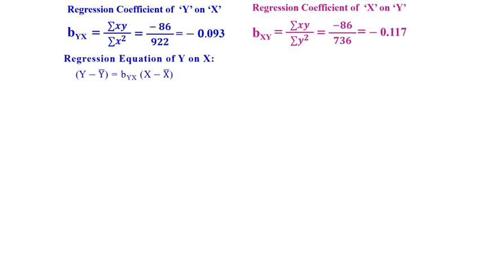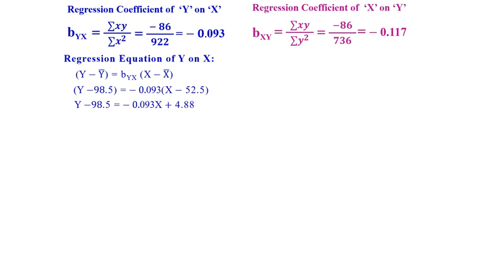It is given as y minus y bar equals byx into x minus x bar. So substitute all the values. y bar is 98.5, equals byx as computed above, minus 0.093, into x minus x bar, which is 52.5.